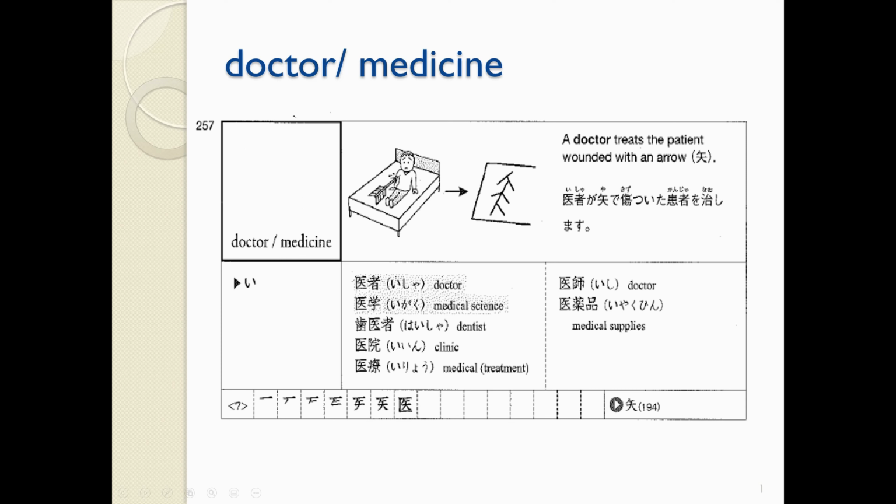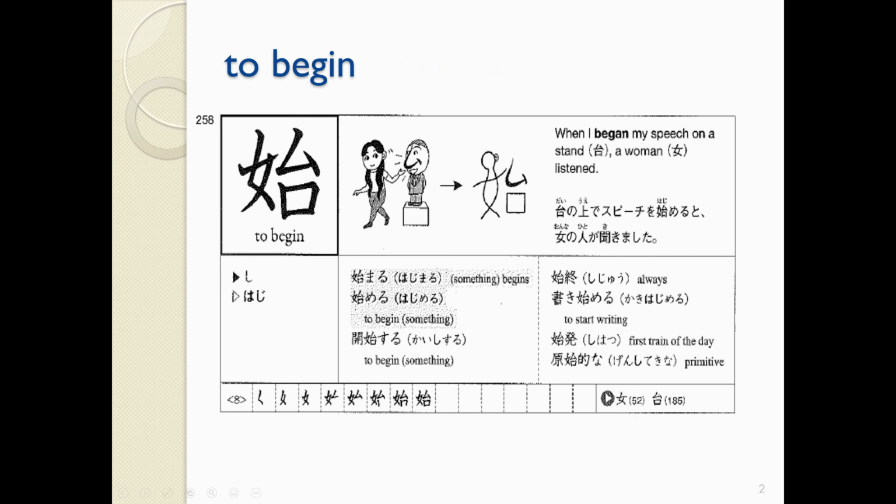医者のい。Our next kanji is the haji in hajimaru, as well as the haji in hajimeru. So the difference between hajimaru and hajimeru is a transitive, intransitive difference. So, 何々が始まります, something begins.